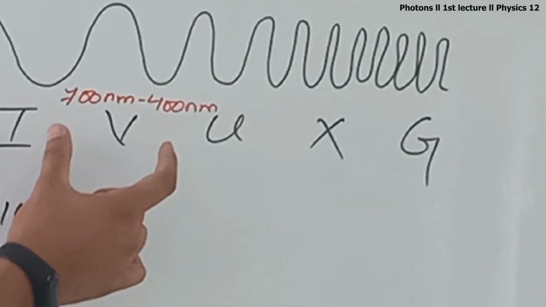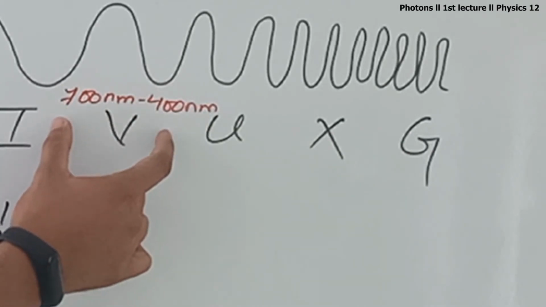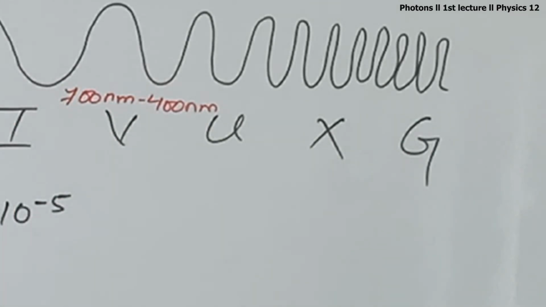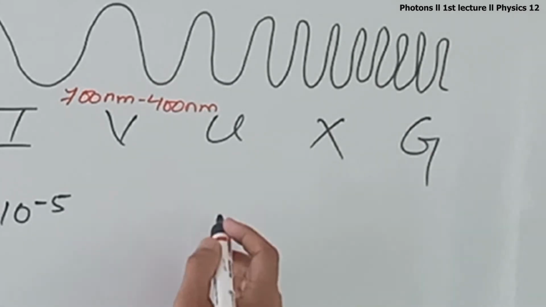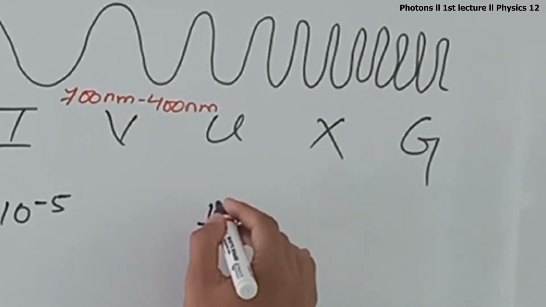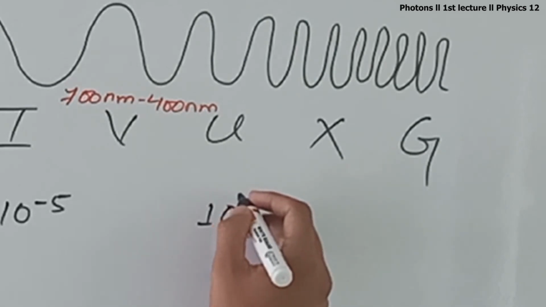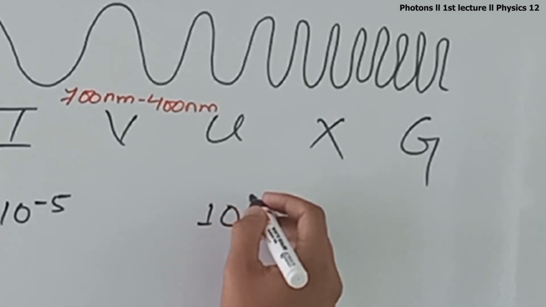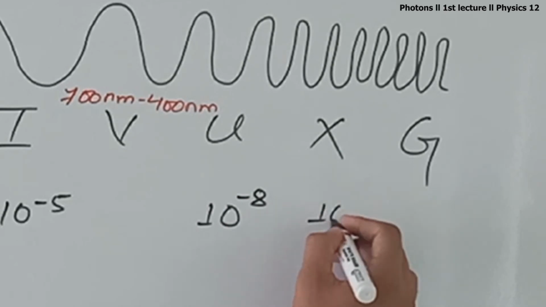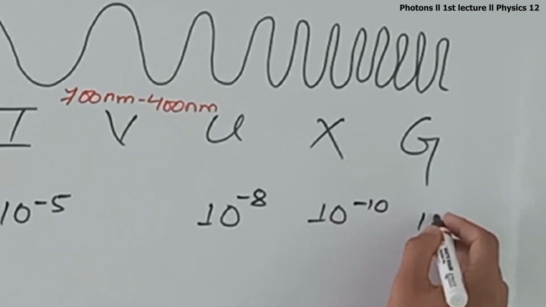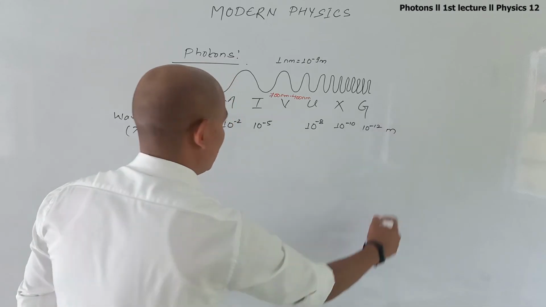This is the range that our eye can capture. The wavelength of ultraviolet rays is around 10 to the power minus 8, and X-rays and gamma rays around 10 to the power minus 10 to minus 12 meter.